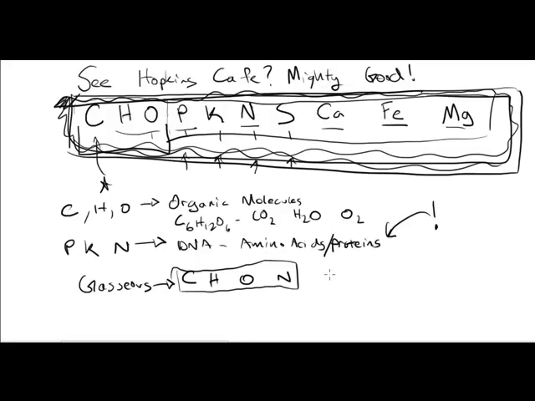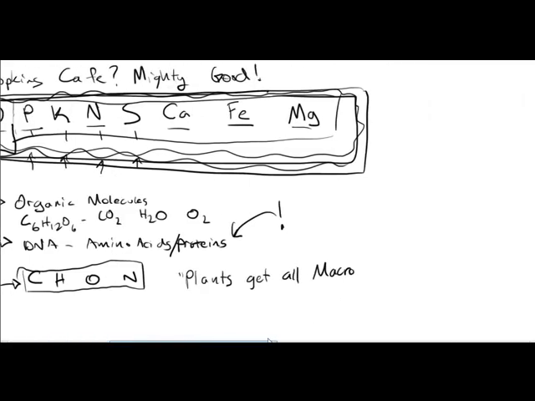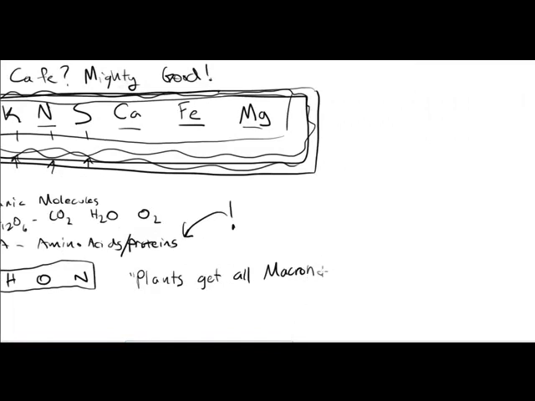So let's just write that down. Plants get all the macronutrients, and this is C. Hopkins Cafe, mighty good.